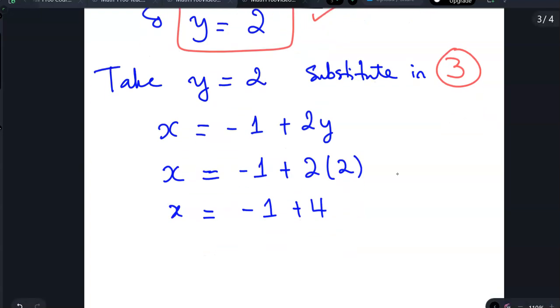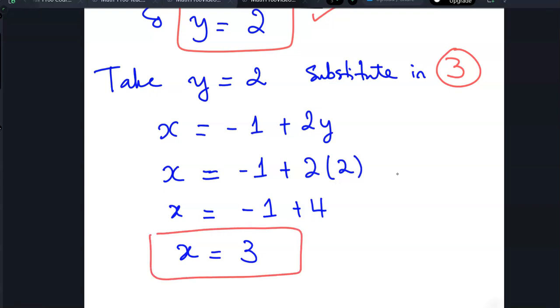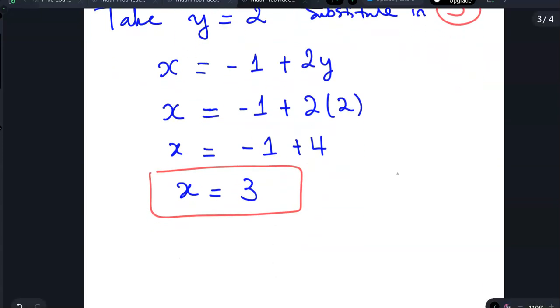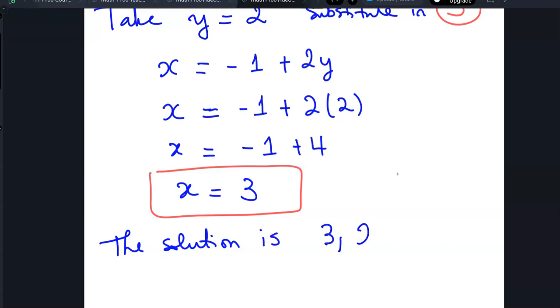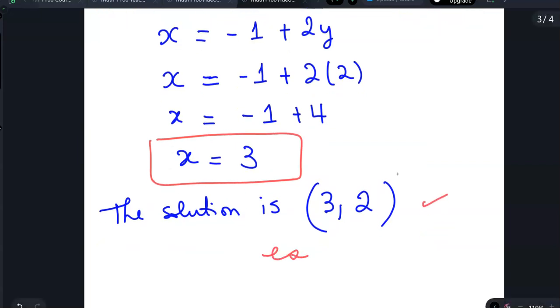I have x equal to 3, right? There it is. So now I have the solution for this system of two equations, two unknowns: an ordered pair of 3 and 2. That is the exact point that we found on the graph.